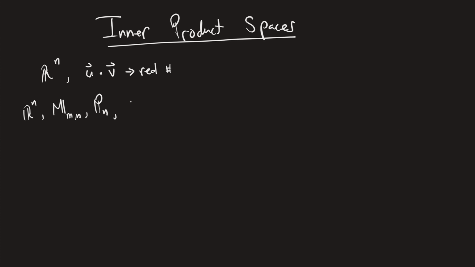And then even, just as an example, the space of continuous functions over the entire real line. Is there a way for us to define a process where we take a pair of each of these types of vectors, combine them somehow, and produce a real number?